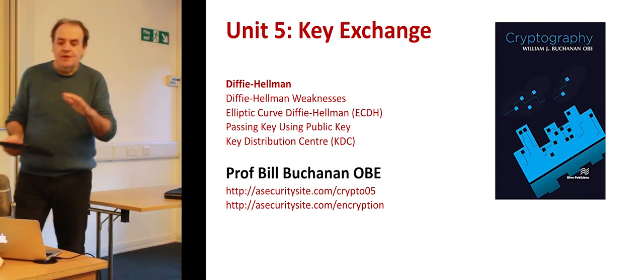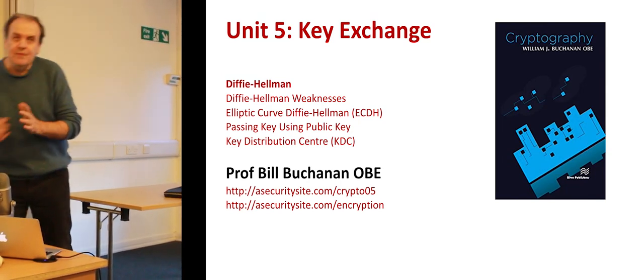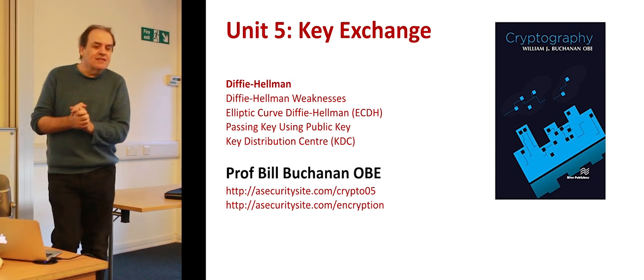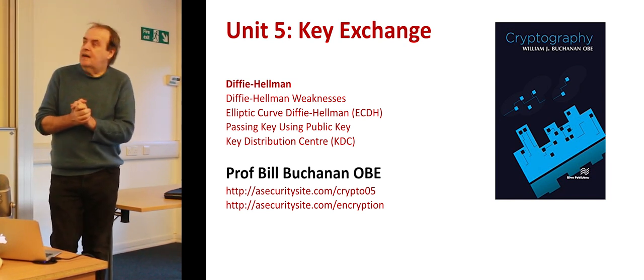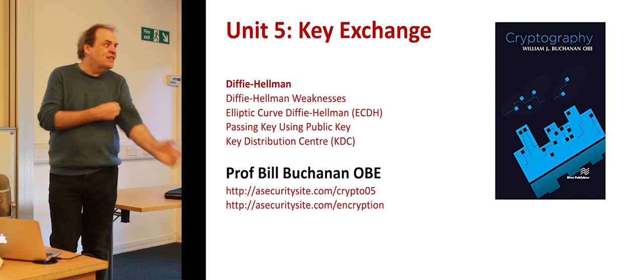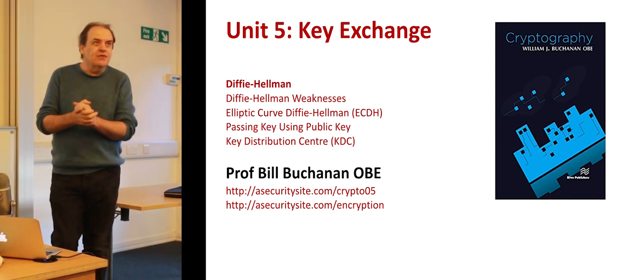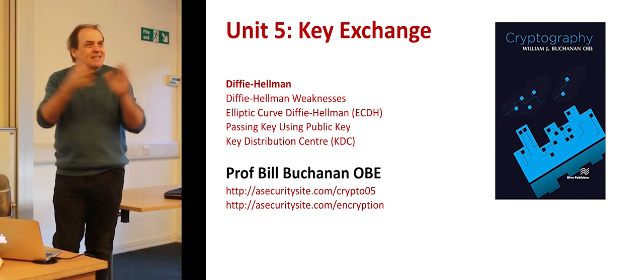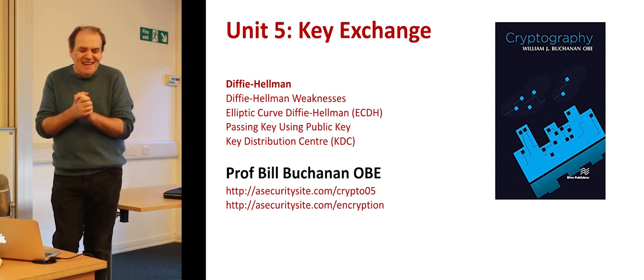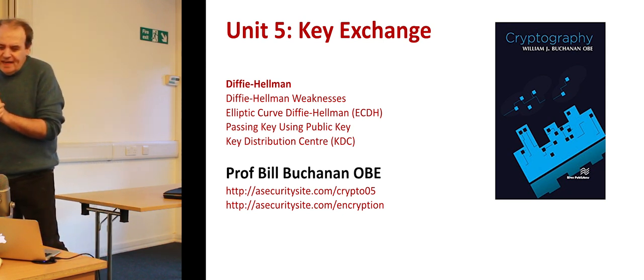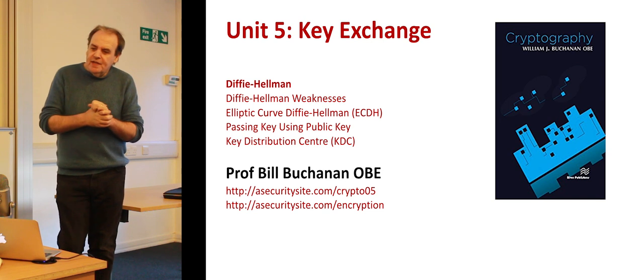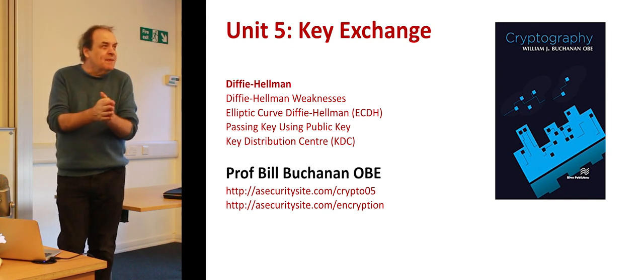Good. So we're going to look at one of the most contentious areas in society just now, and that's around key exchange, and especially around the usage of end-to-end encryption and how we set these things up. So the areas we'll look at is the Diffie-Hellman method.